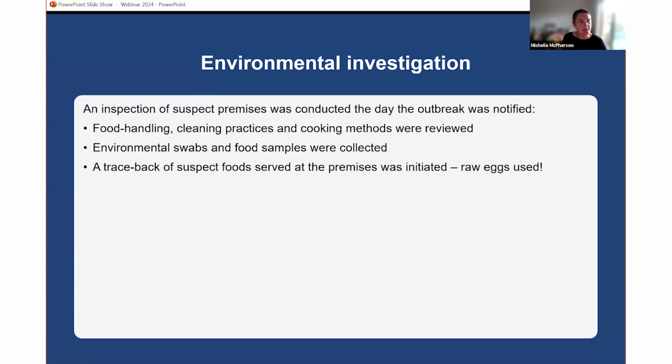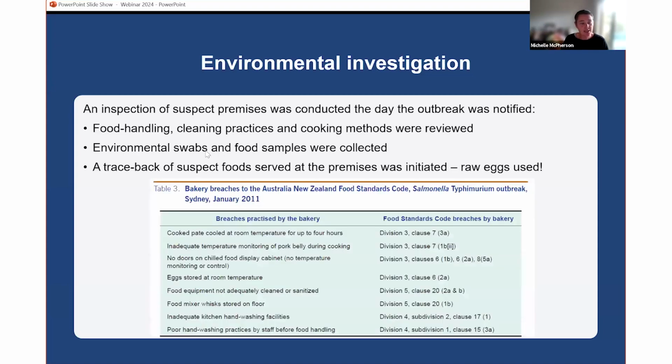They then looked at some of the more suspect foods and tried to figure out where it came from. And they quickly realised that raw eggs were being used in the mayonnaise put on the chicken and pork rolls, which is quite a red flag for gastro outbreaks.